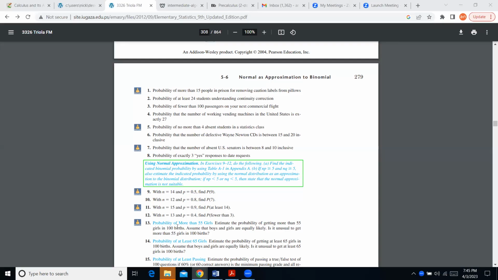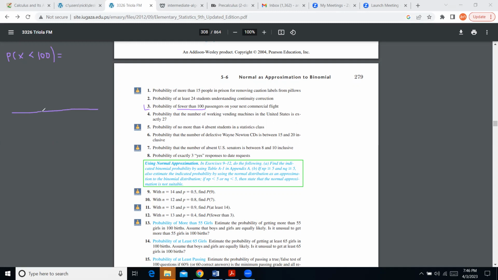I believe it was problem number 3 in section 5.6, asking about the probability that x is less than 100. So that's what we need to work with.